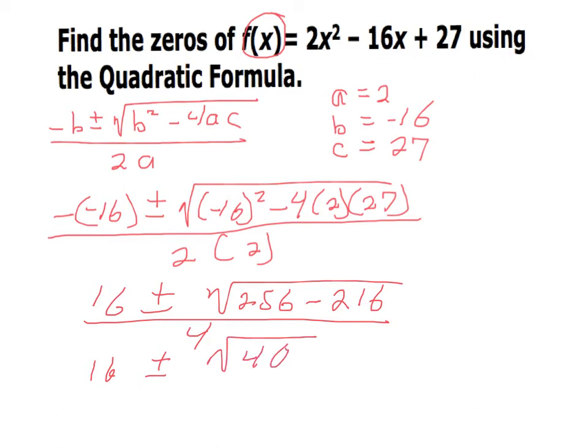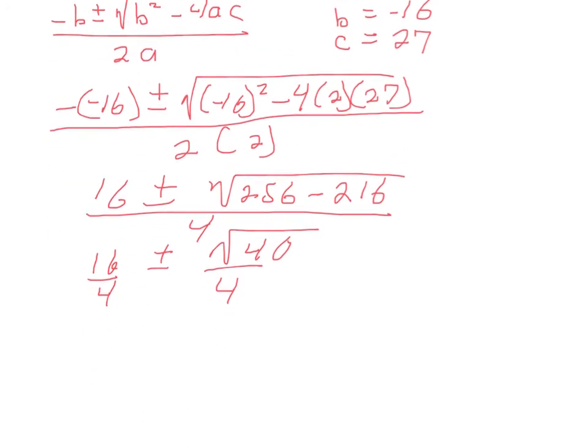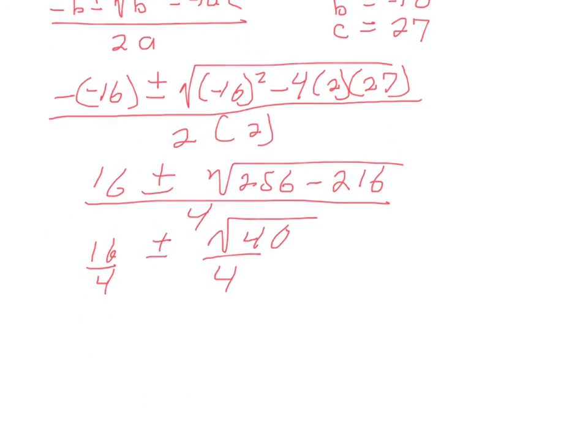And at this point, guys, I'm going to go ahead and distribute that 4 to each part here, just like that. All right, now let's go ahead and simplify here. So it looks like this here is going to give me a 4 plus, and the square root of 40. Is there a perfect square in that? Well, let's see. 4 times 10.